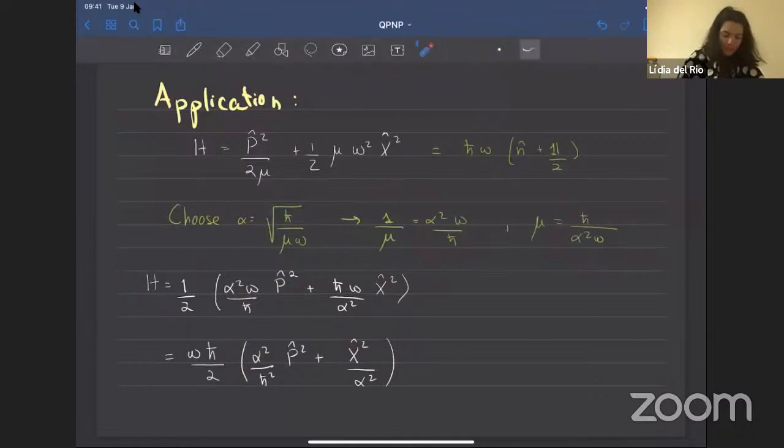So first, let's just see what p squared is. So we saw that p was h bar over 2i alpha, A minus A dagger. And now we need to take the square of this.